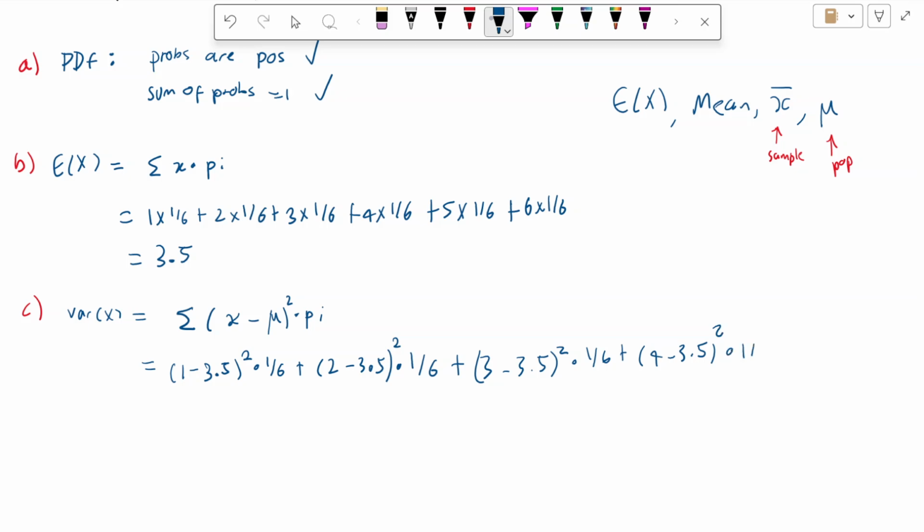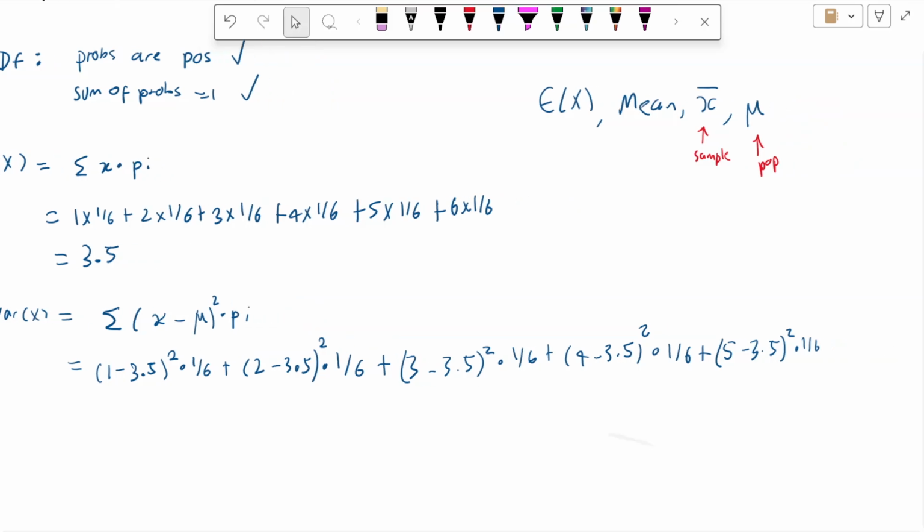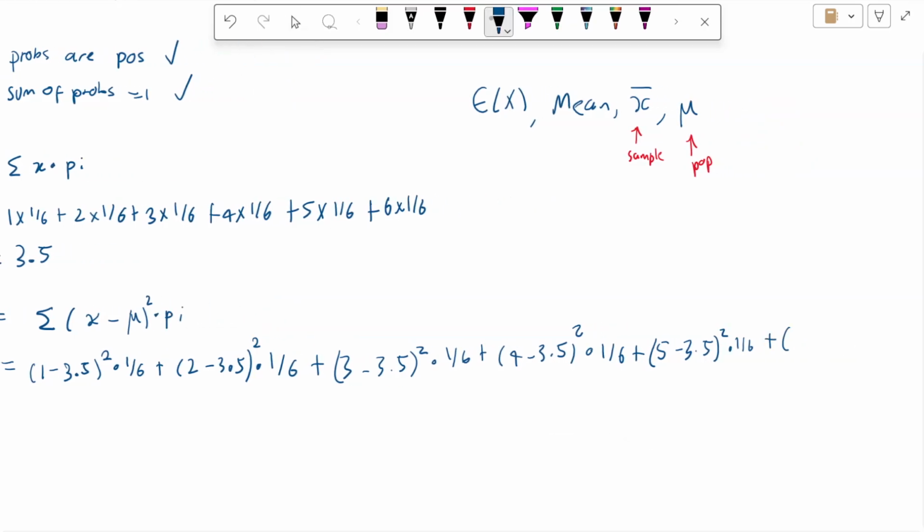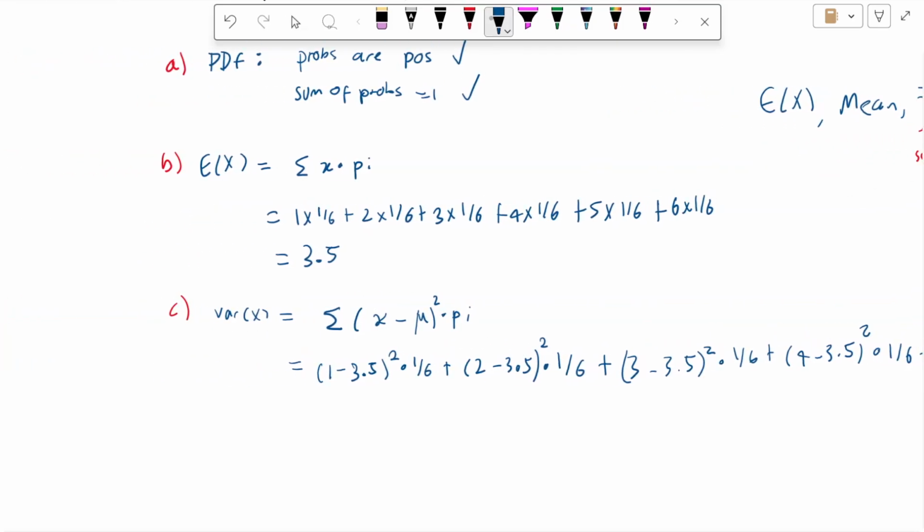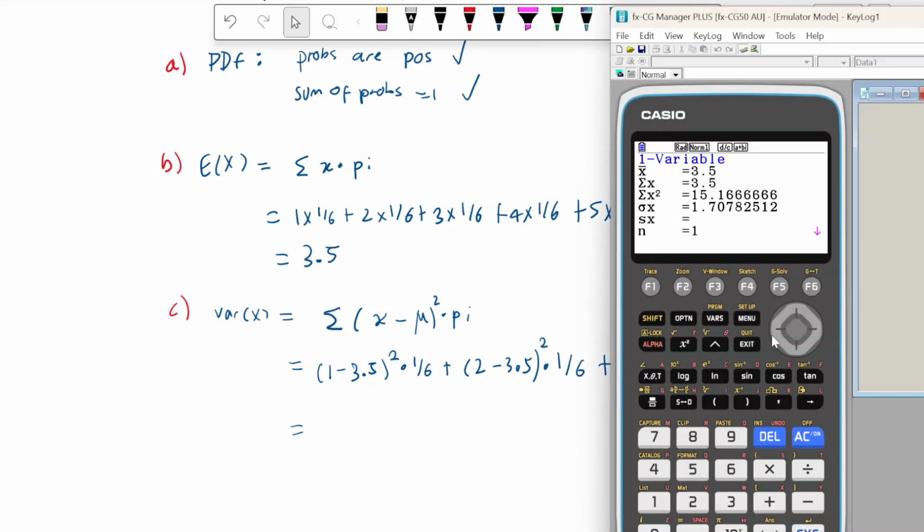And don't worry, there will be a quick way of doing this. 5 take away 3.5 squared times 1 out of 6. And 6 take away 3.5 squared times 1 out of 6. Now I want to stress those probabilities won't always be 1 out of 6 in every example, but in this example they pretty much are.